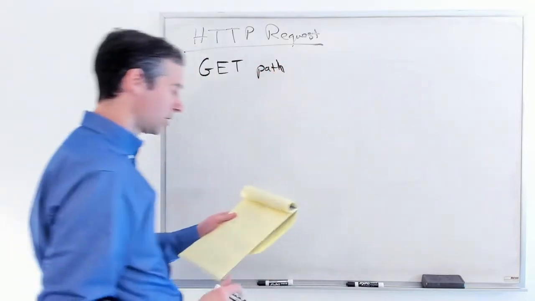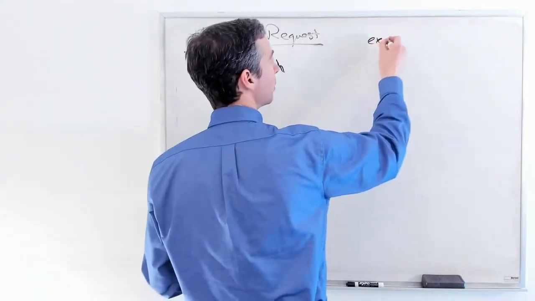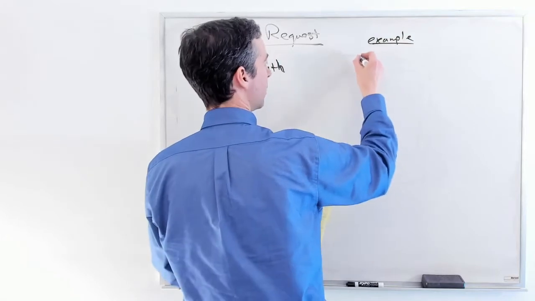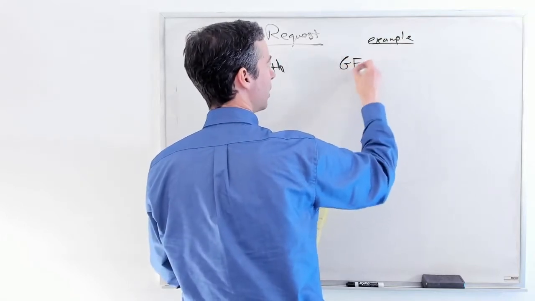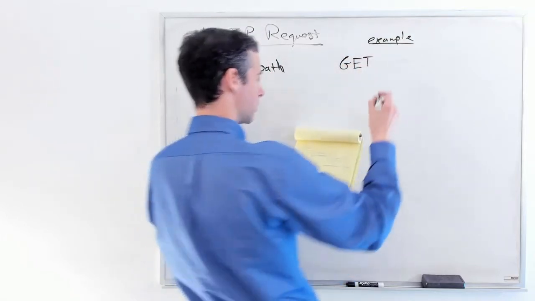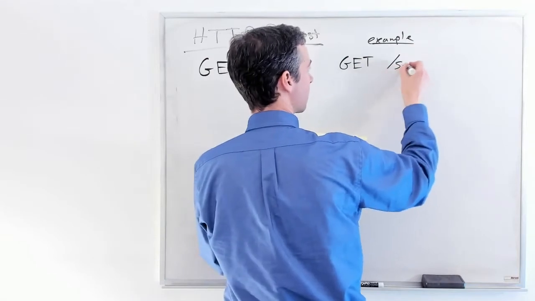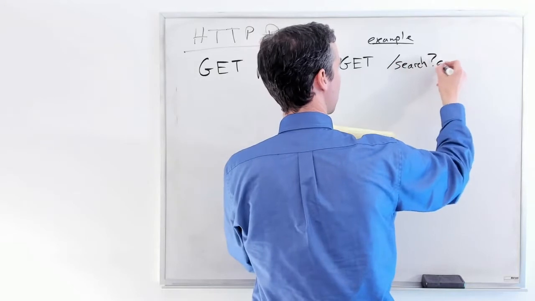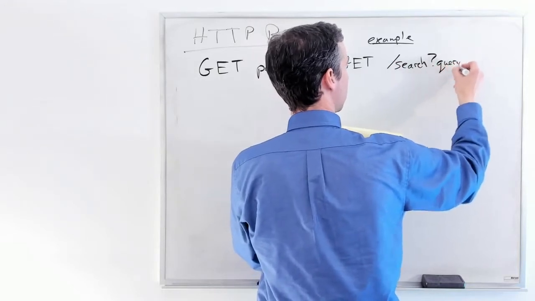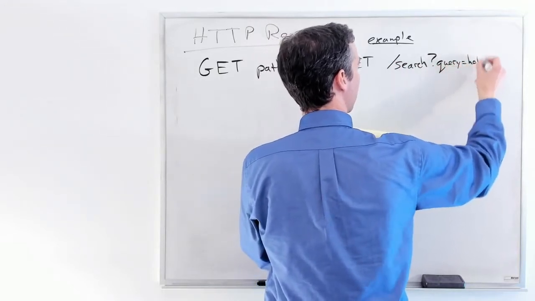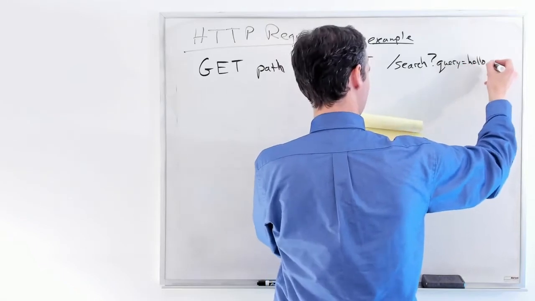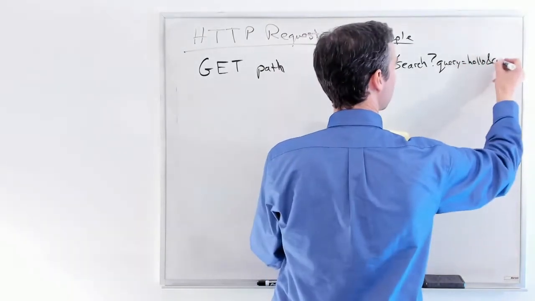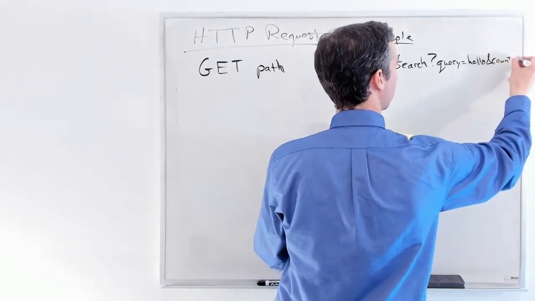So for an example, you might have a GET, and then it comes along with a path that maybe is /search?query=hello&count=10 or something like this.